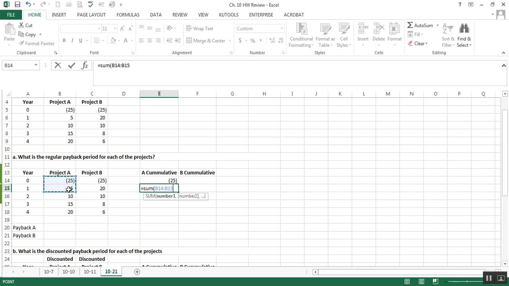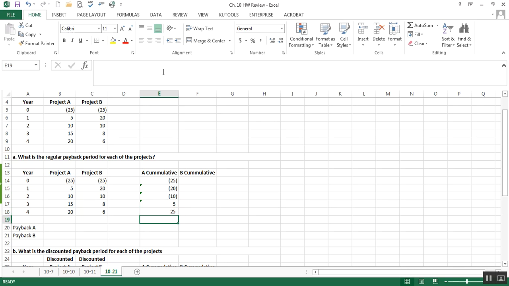That would be the cumulative cash flow through year 1. However, I hard code this with dollar signs in front of it. This means that I can drag the formula down and it will always start with B14, which is year 0 for Project A. I'm going to go ahead and do that, copy the formula down. So you can see that it adds up years 1 through 2, years 1 through 3, and then years 1 through 4. That's just a little shortcut I like to use.